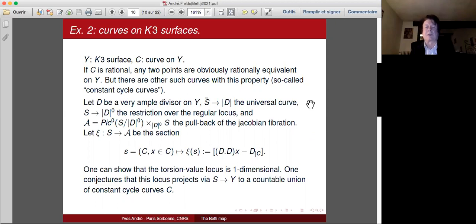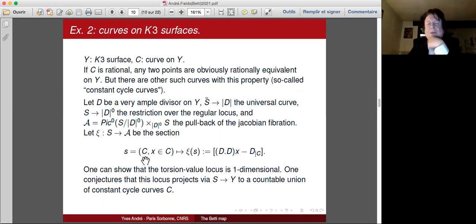Then we restrict to the regular locus, and we consider the Picard scheme, or the relative Jacobian, so the pullback of the Jacobian fibration. Then we can define a section of this abelian scheme over S by the following formula.